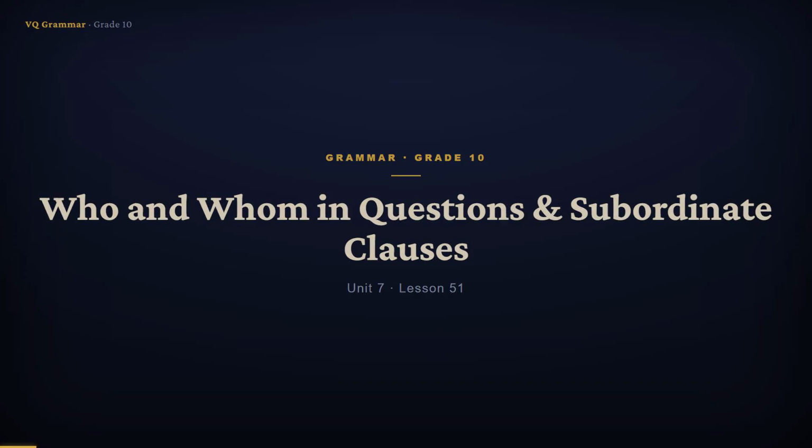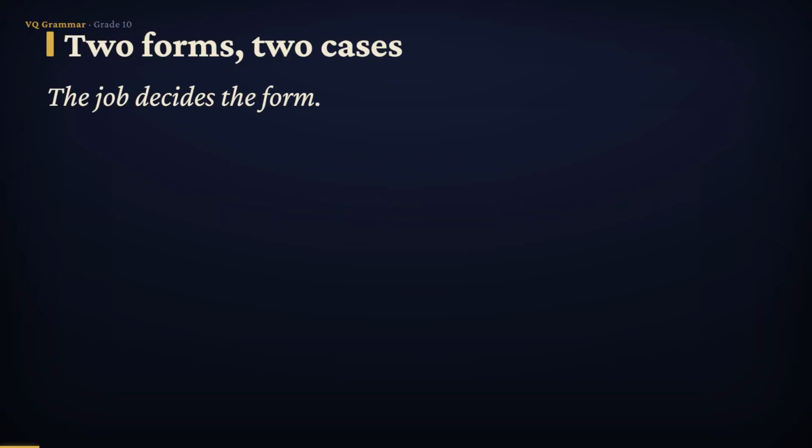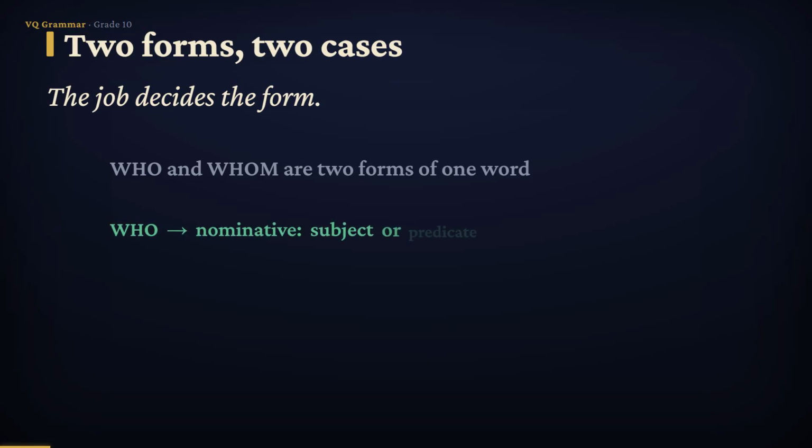Let's learn both. Before we touch a single question, let's get the case idea straight, because who and whom are just two forms of the same word. Who is nominative. That's the subject form. You reach for who when the pronoun is doing something. It's the subject of a verb, or a predicate nominative sitting after a linking verb. Whom is objective.